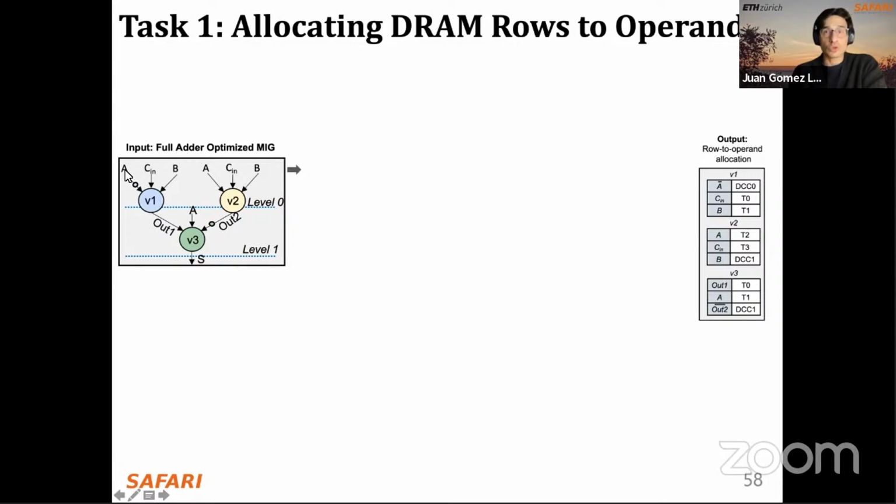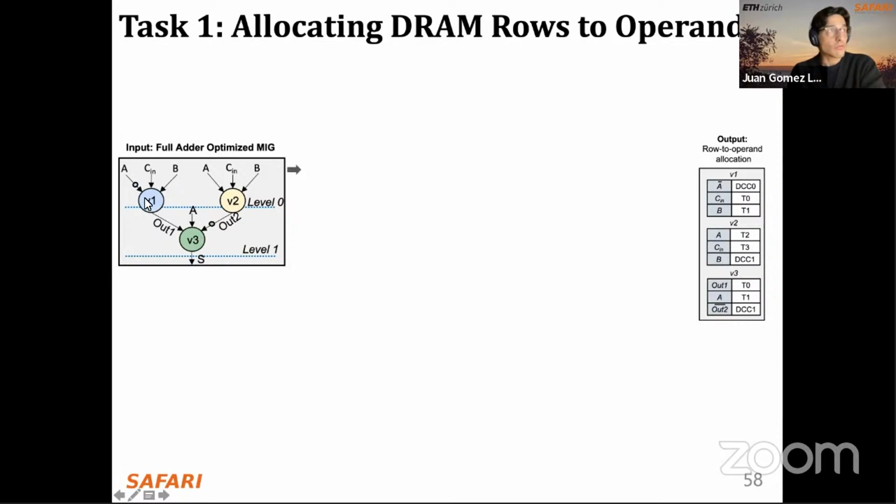Here we have the 2 input operands, A and B, and we also have the carry-in that comes from the previous bit. Remember that here we have a vertical data layout, so we are operating in a bit serial manner, and this full adder contains, as you see, 3 majority gates: V1, V2, and V3.